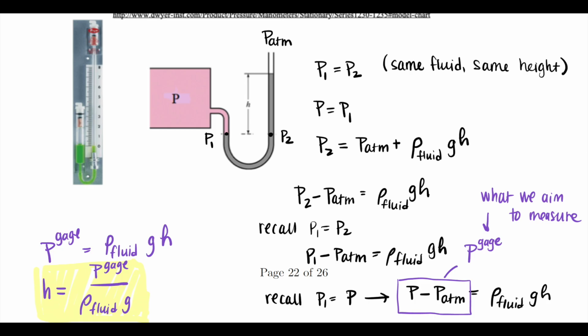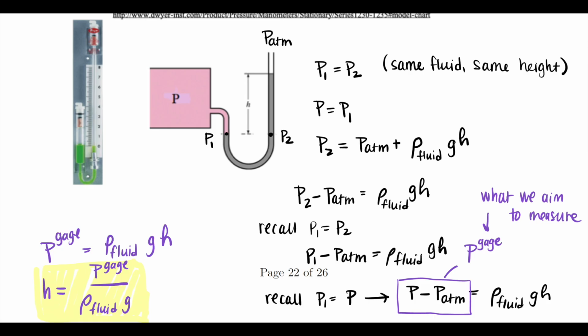So we have that P minus P atmosphere is equal to rho of our fluid, G times H. What is P minus P atmosphere? Is that any kind of a special pressure? It could be depending on if P is higher than P atmosphere. So this is just the gauge pressure. Okay, related to vacuum pressure.